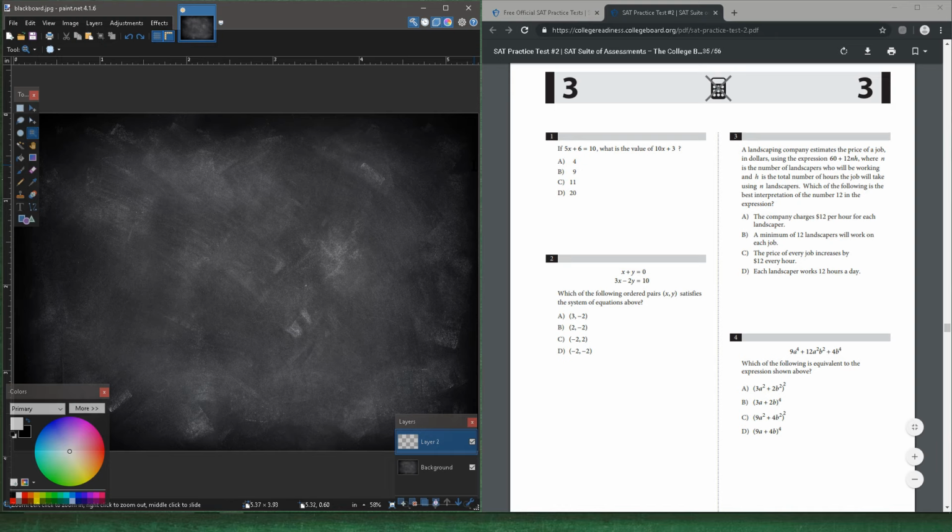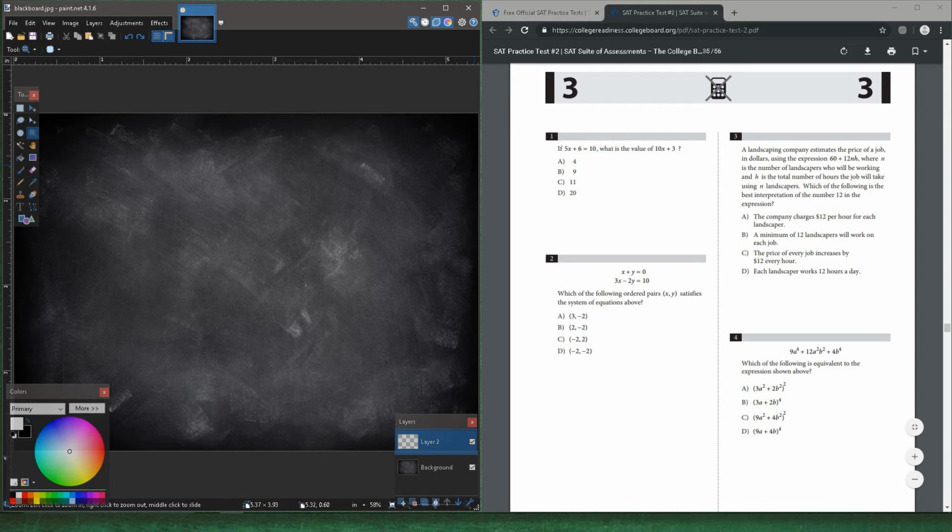That's how you measure rate. 12 is not a rate. The price of every job increases by $12 every hour. That might be true. Each landscaper works 12 hours a day, which is not true because that's not a rate. So we know it's supposed to be money, so A and C are possible answers. So the charge is $12 per hour for each landscaper. That makes a lot of sense.